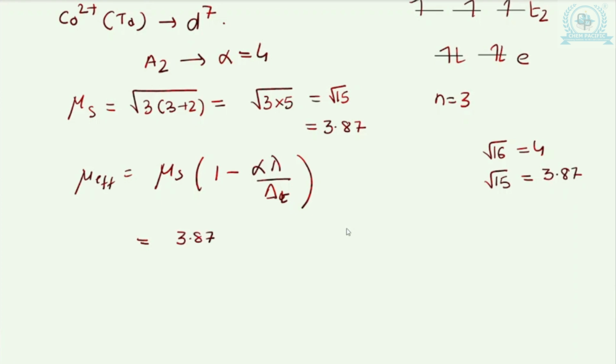Okay, and then you have the value of alpha, that is 4. Lambda, they have given the value of lambda, that is minus 172, and the value of delta t here is 3100. And if you solve this, the answer is going to be 4.73.